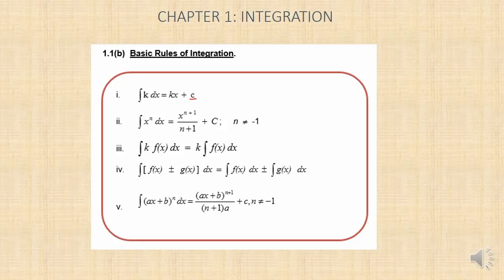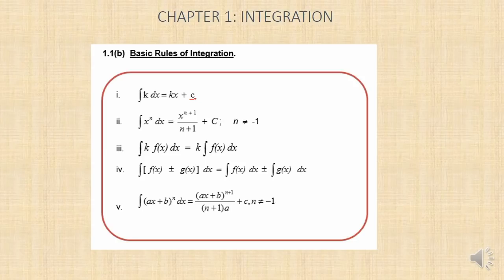Second, integrate x with power of n with respect to dx. We have x with power of n plus 1 divided by n plus 1 plus constant c, where n is not equals to negative 1.